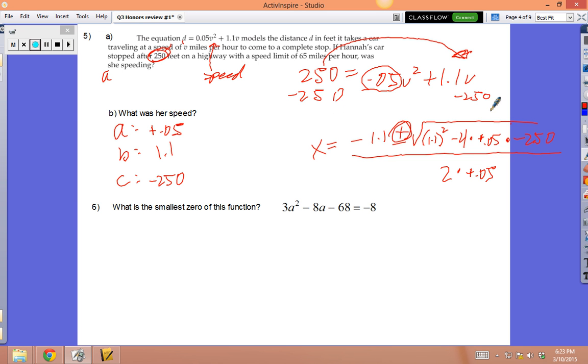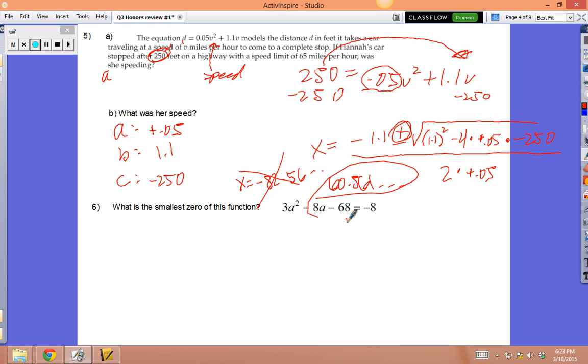So now I just type this into my calculator in the fraction template and hit enter with plus, and hit enter with minus, and my two answers I get are x equals negative 82.56 blah blah blah and 60.561 blah blah blah.